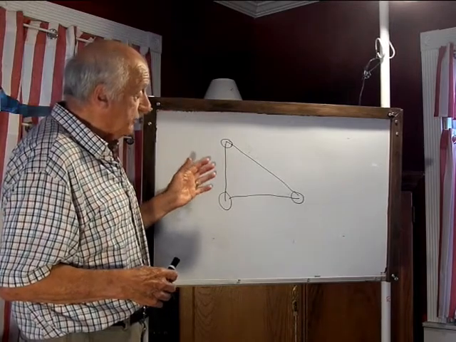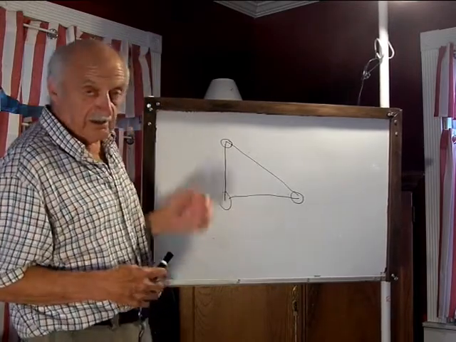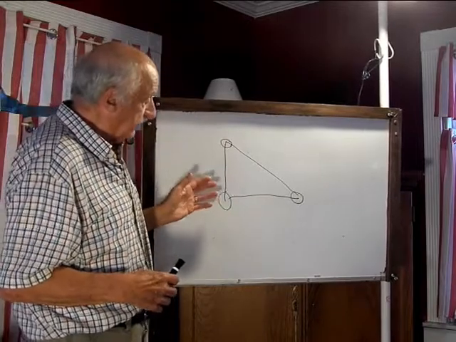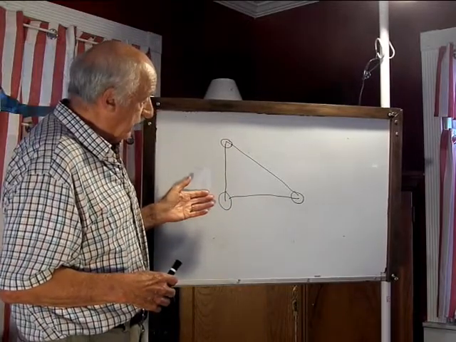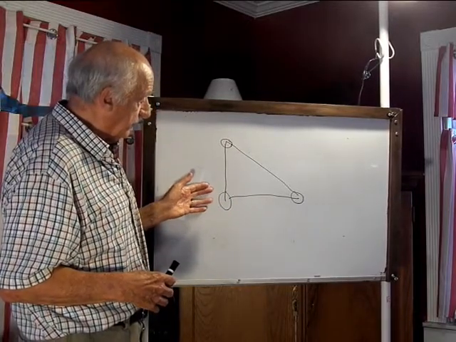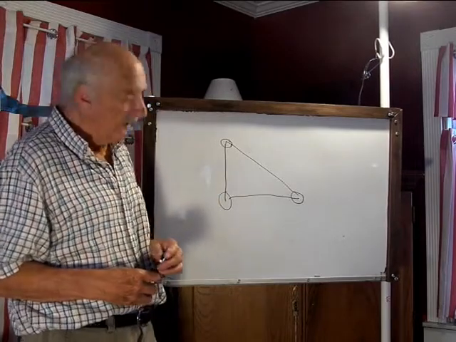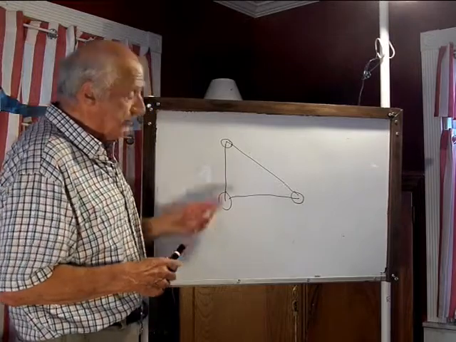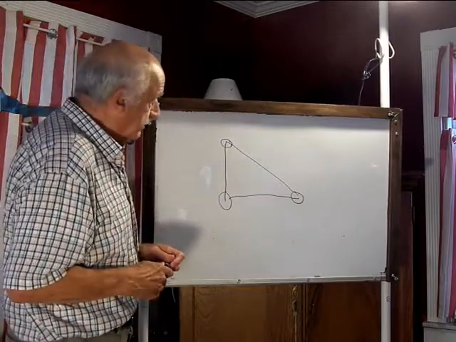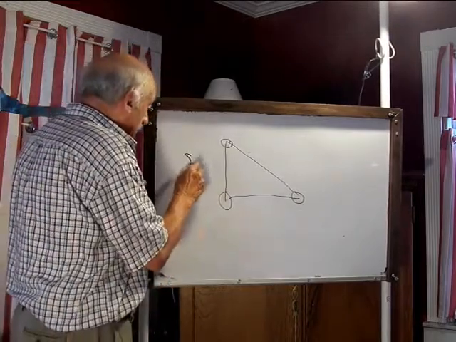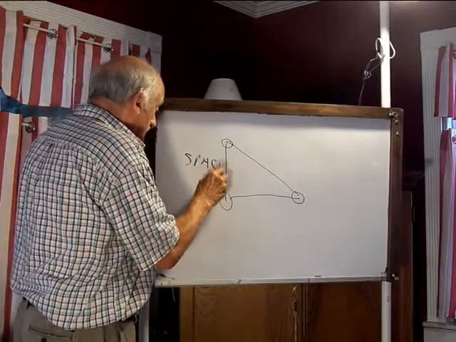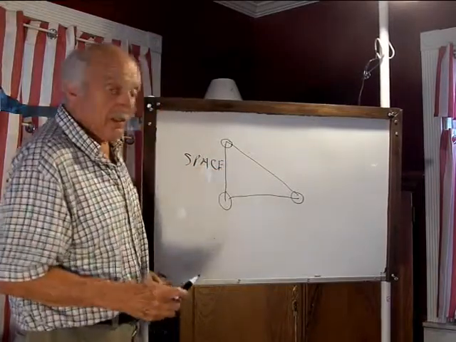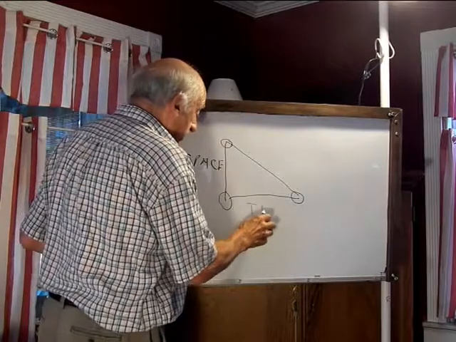Perhaps I should say this represents the velocity rather than what it represented before. So this is a different diagram, but this does represent the separation in space, and this represents the separation in time.